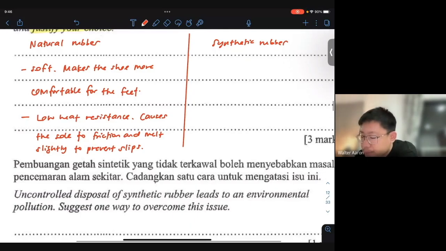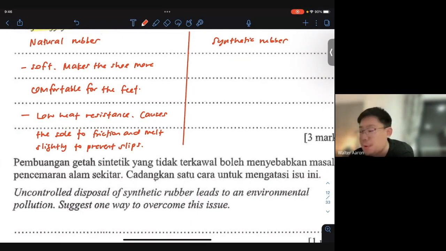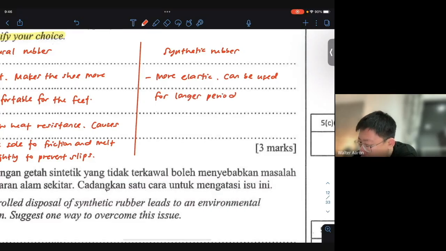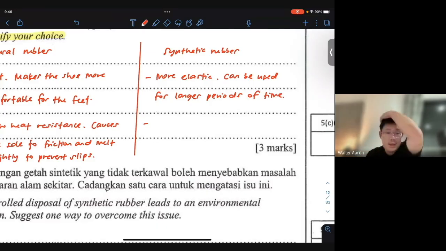And then for the synthetic rubber, they can put there more elastic, so it's easier for you to retain the shape. So you can put here more elastic for synthetic rubber. Can be used for longer periods of time. And after that, another one will be high heat resistance.